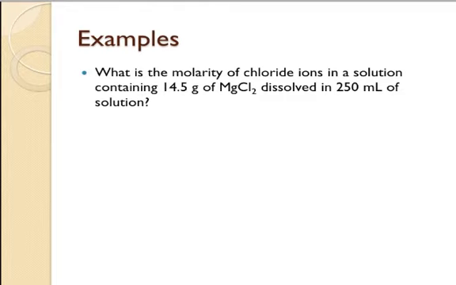Let's look at another example. I'm asked for the molarity of the chloride ions in a solution containing 14.5 grams of magnesium chloride dissolved in 250 milliliters of solution. So my givens, if I just underline them in the problem: 14.5 grams of magnesium chloride, 250 milliliters of solution.